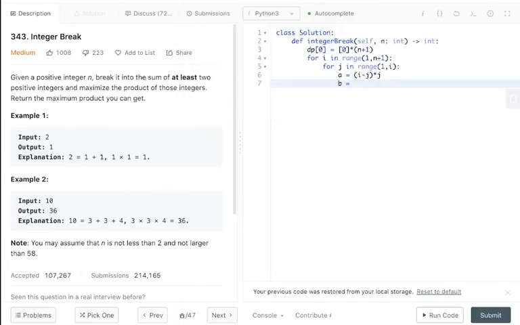We have dp of i minus j times j. And we have the final case, which is if we've already calculated. And we have the final base case, just for if we're calculating the integer break for 1.